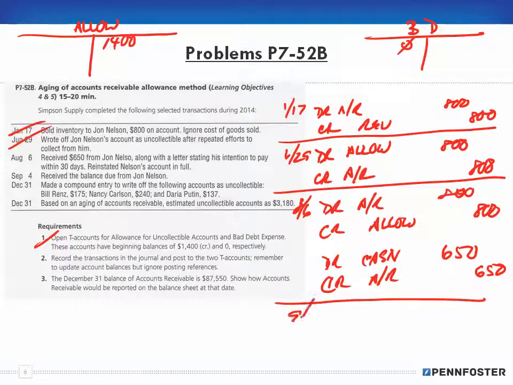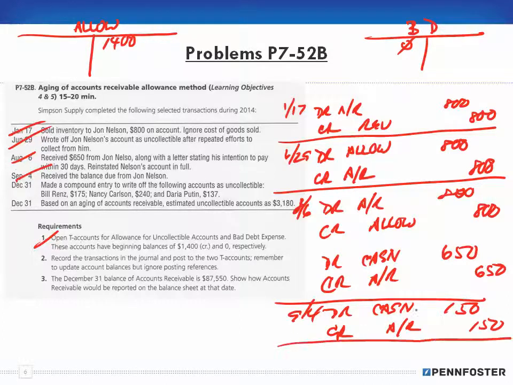So on 9/4, we'll receive the balance due. Again, we're debiting our cash for $150, and we're crediting our accounts receivable for $150.